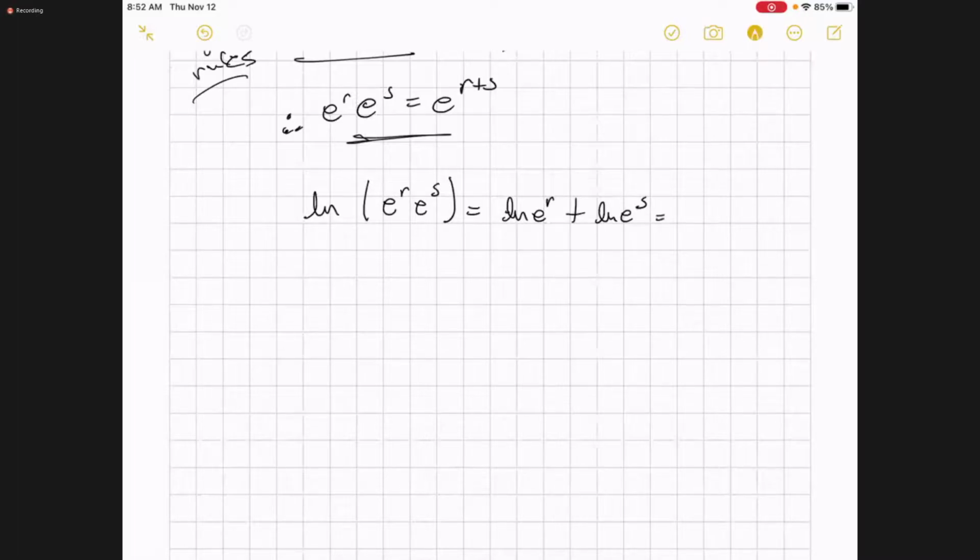And that's r plus s, and also ln of e to the r plus s, by the rule we just finished proving today. Bring the r plus s down.